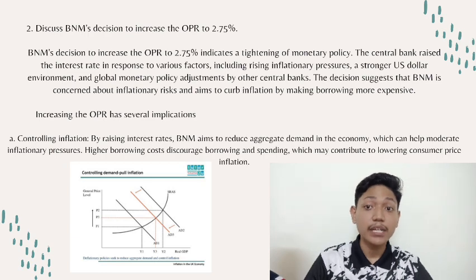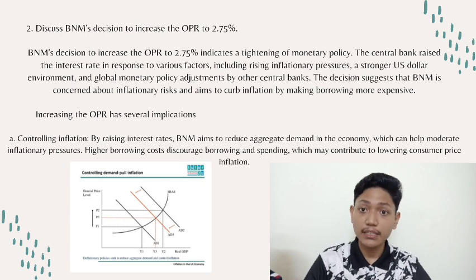Second, discuss BNM's decision to increase the OPR to 2.75%. BNM's decision to increase the OPR to 2.75% indicates the tightening of monetary policy.